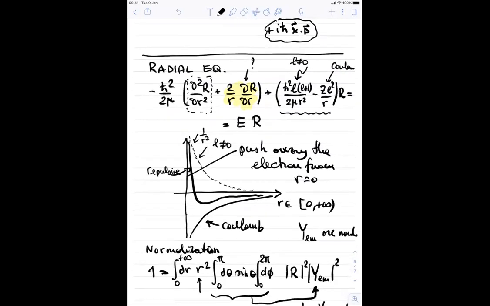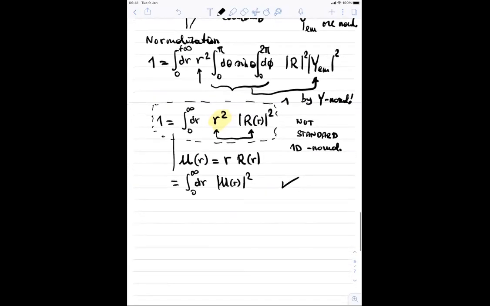It is a remarkable fact that if you calculate the second derivative with respect to r of R plus 2 over r times the first derivative of R, this can also be written as 1 over r times the second derivative with respect to r squared of the function u. Remember, the function u is r times R.